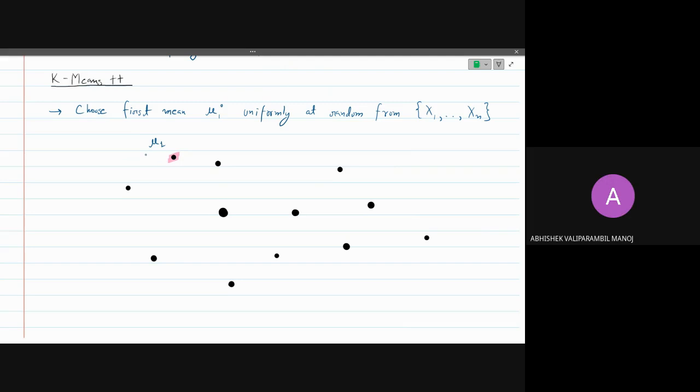So the first mean we have chosen at random. Now we will give a score to each point. Let's say we are dividing our data set into k clusters. This is the first cluster, this is the first cluster mean, and the second cluster mean is this.